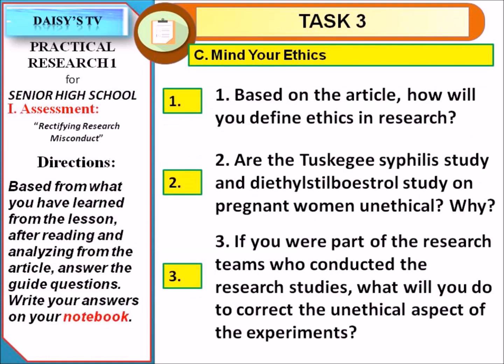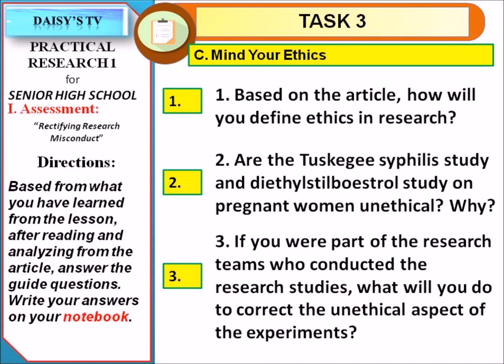Still on Task 3, letter C, mind your ethics. Directions: based on what you have learned from the lesson, after reading and analyzing the article, answer the guide questions. Write your answer on your notebook. Number 1, based on the article, how will you define ethics in research?